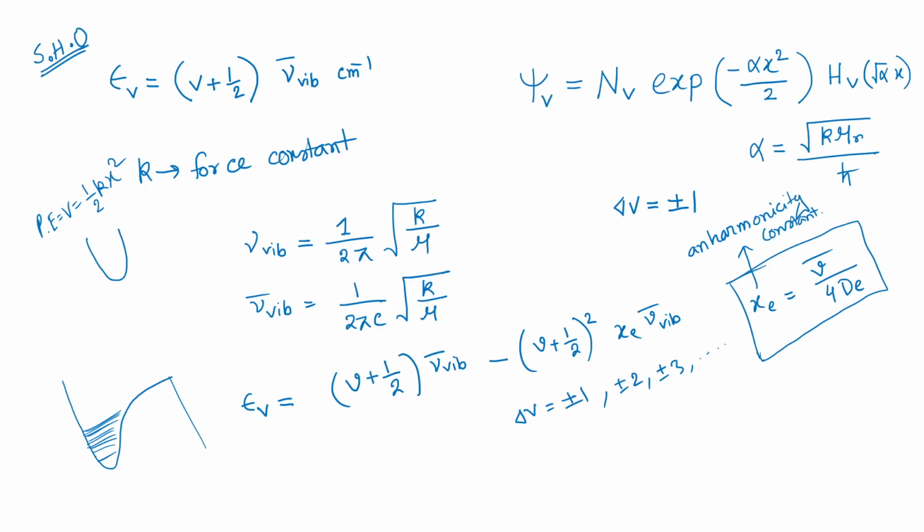The professor has shown us the vibrational spectra of HCl, where we have seen the P band and R band, right? The P band was delta V equals to plus 1, and delta V equals to minus 1 was the R band, right?